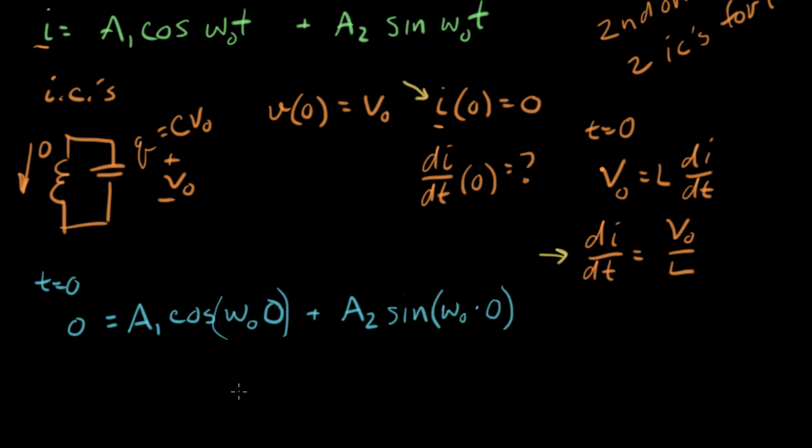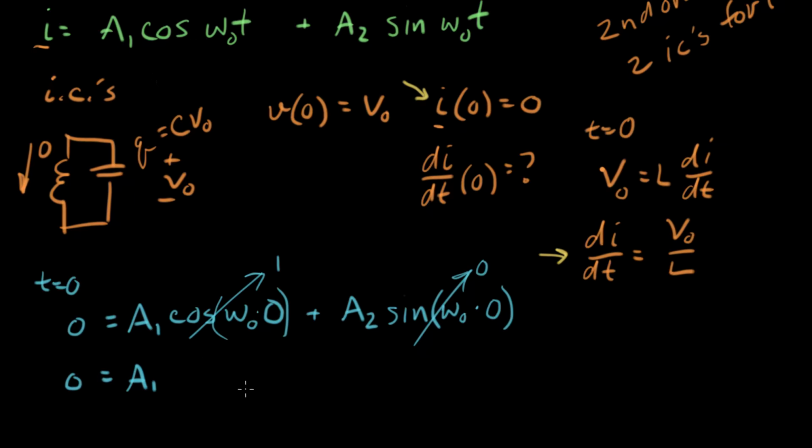And what does this evaluate to? Okay, so this is sine of 0, and sine of 0 is 0. And cosine of 0 is 1. So that comes up with 0 equals A1.